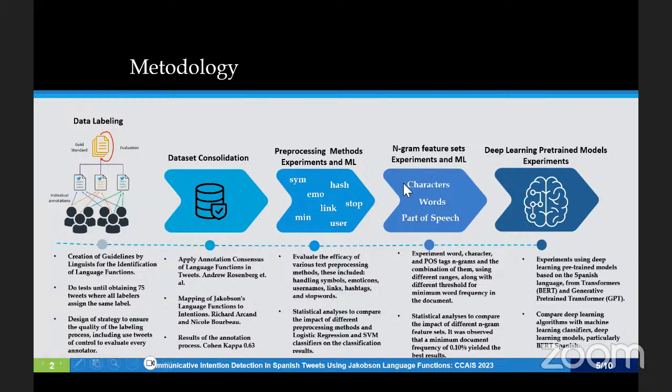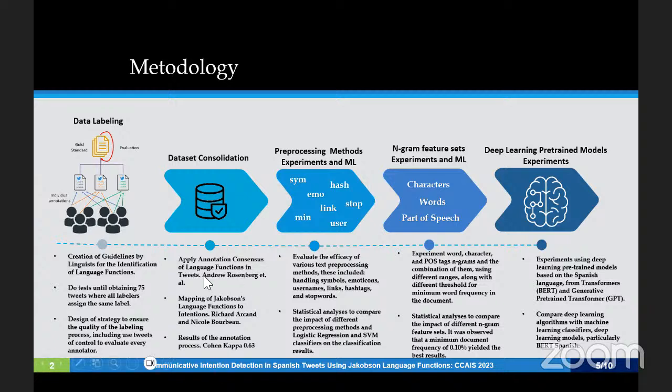After that, in dataset consolidation, we apply annotation consensus of language functions in tweets. For this, we use the work of Andrew Rosenberg et al. Then we map Jakobson language functions to intentions using the work of Richard Arcand mentioned above.